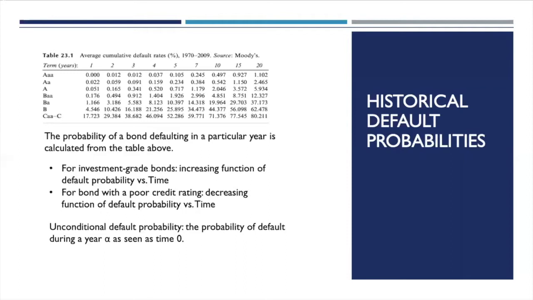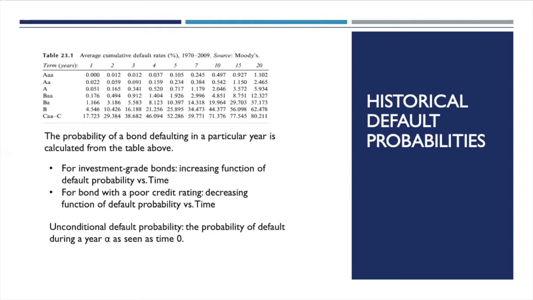In this table, we can also see that for investment grade bonds, the ones that are above BAA, there is an increasing function of default probability versus time. This happens because the bond issuer is initially considered to be creditworthy, and the more time that elapses, the greater the possibility that its financial health will decline.